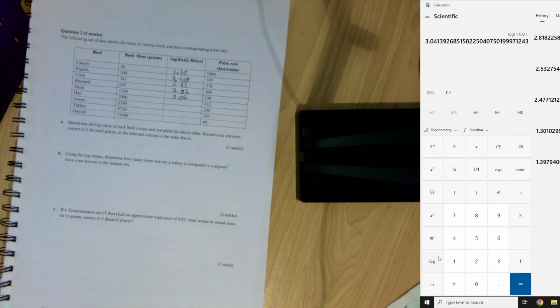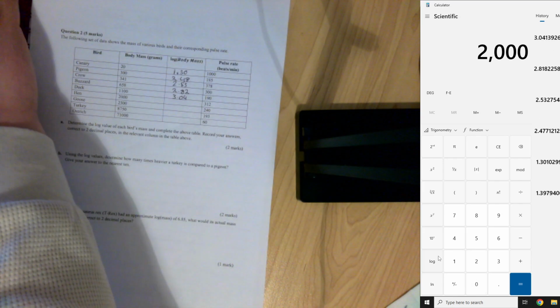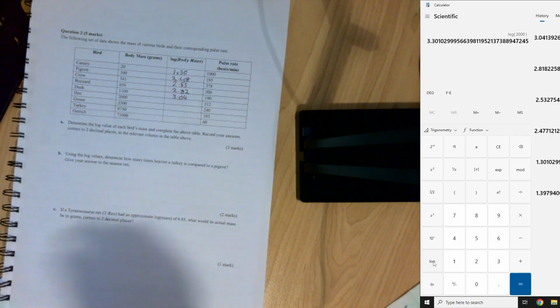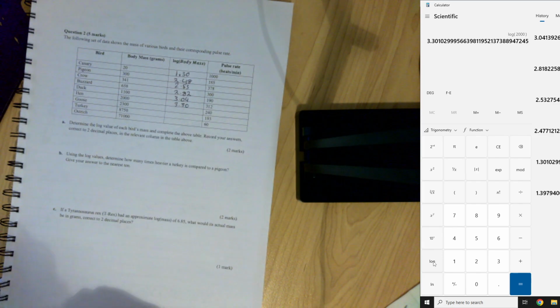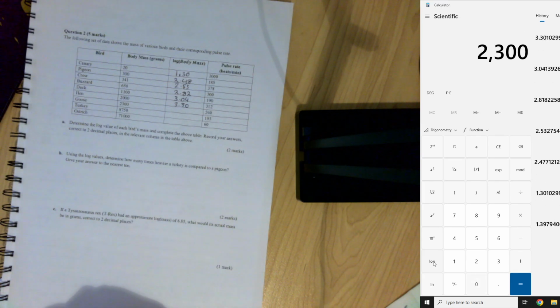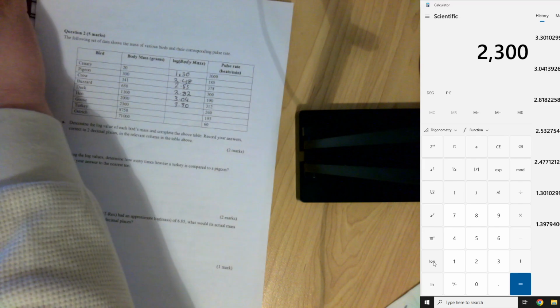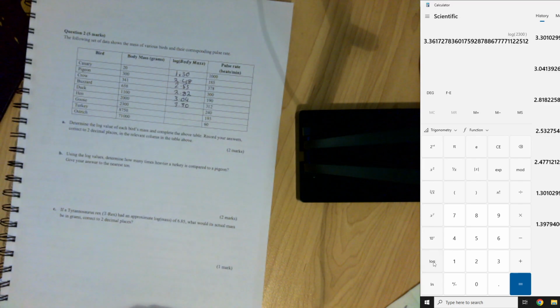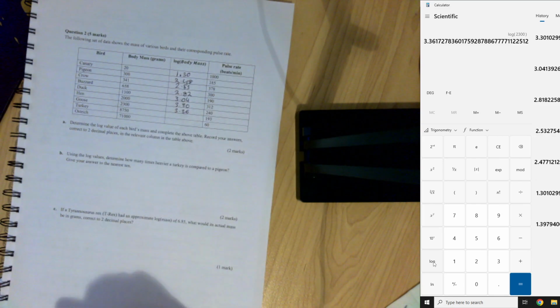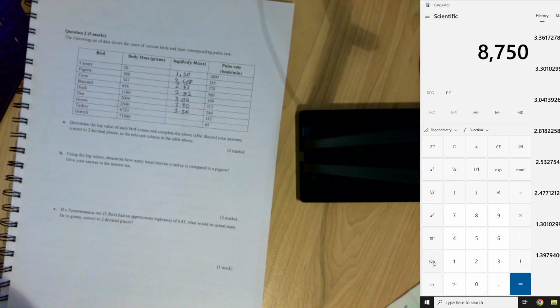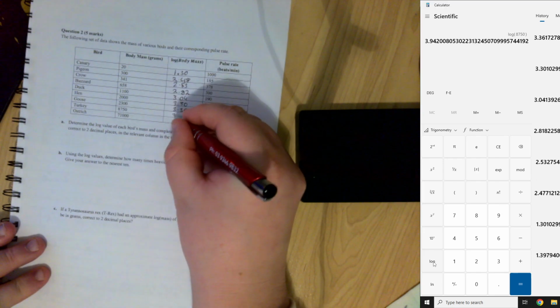Very nice. 2000, 3.3. Goose 2300, 3.36. Turkey is 8750, which has a log of 3.94.